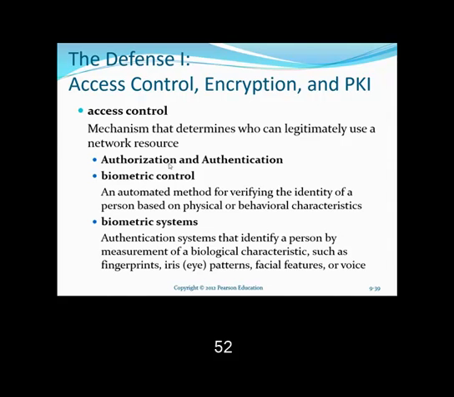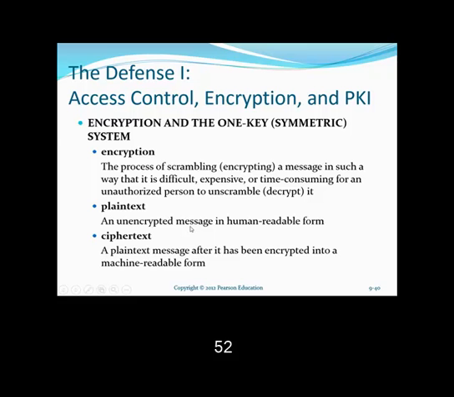A biometric system can confirm the person's identity. For example, fingerprint scanner, iris scanner, facial recognition, voice recognition. All these are examples of biometric systems. And then encryption and the one key or symmetric system.